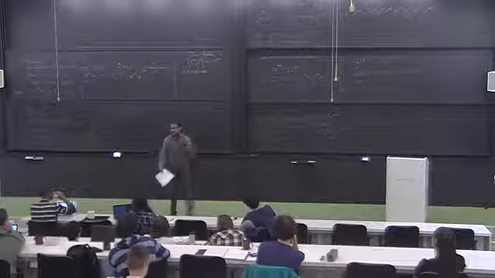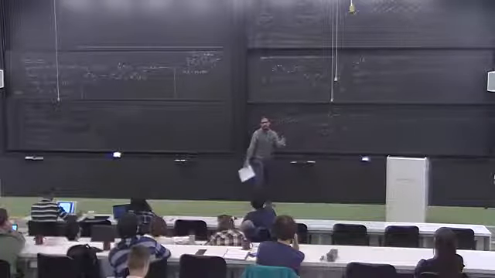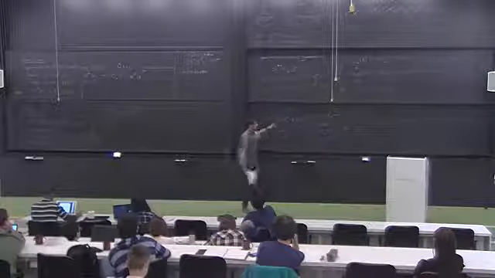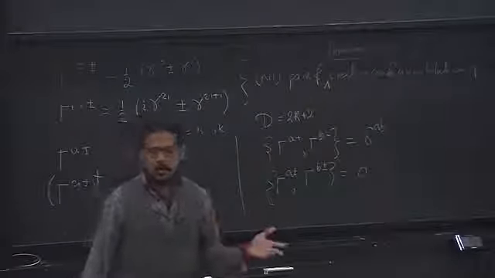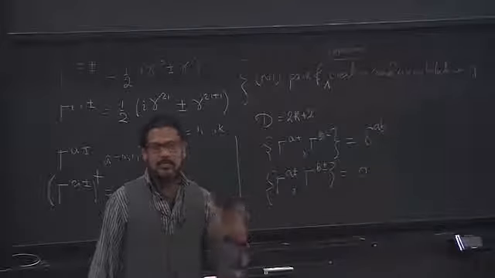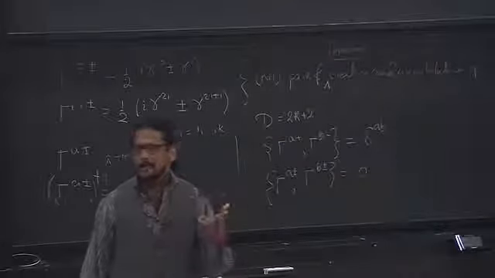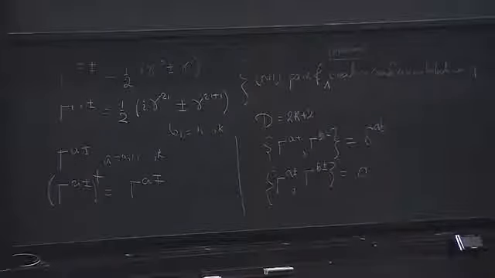So on any lowest weight state, you can apply each of these creation operators once or not at all. So in total, you're going to have 2 to the power k plus 1 states, right?